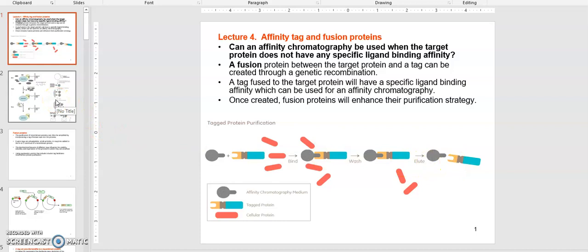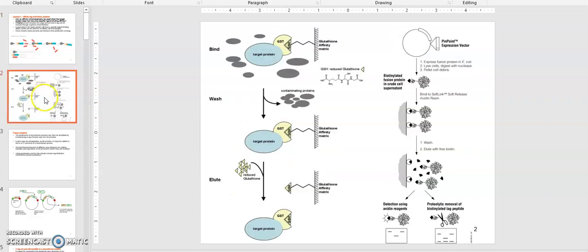Then you may wonder, how do I make this tag attached to my protein? That's where genetic engineering comes into play. If you clone the gene of your interest within a plasmid DNA, and then at the tail or head of it you put an extra tag-expressing gene, by combining your protein with an additional tag protein gene, we call that a fusion protein.